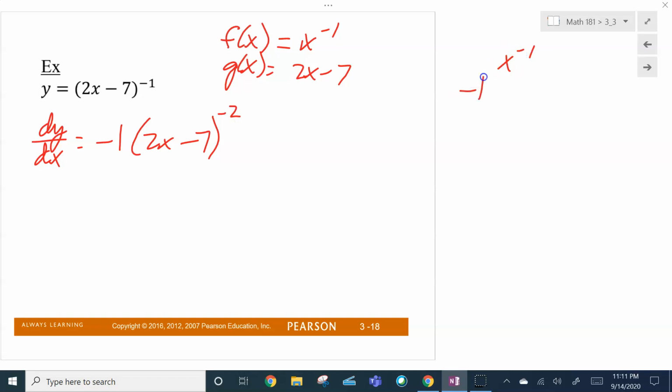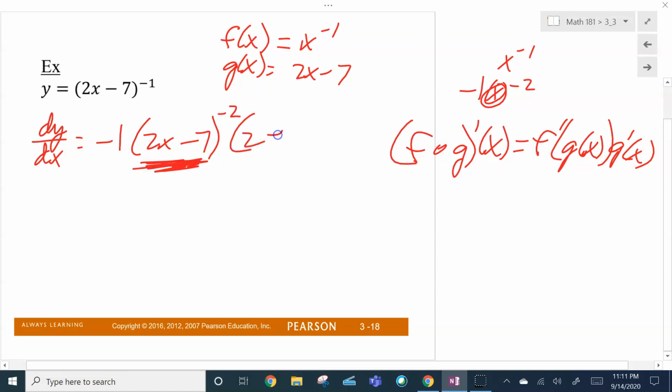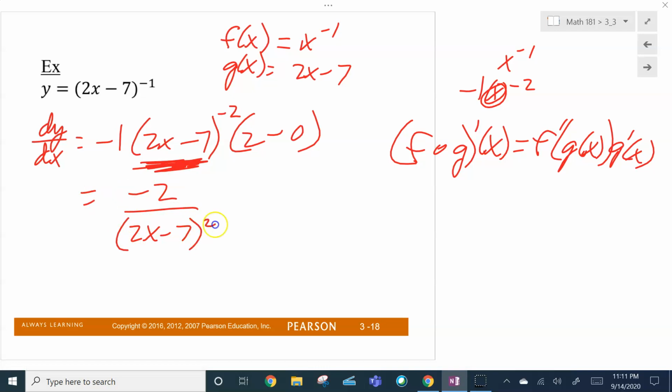It's kind of like we just did, but notice it's not just x there, it's 2x minus 7. Remember, when I take the derivative of f of g of x, it's f prime of g of x times g prime of x. So I have to remember to take the derivative of the inside now. The derivative of 2x is 2, and the derivative of 7 is 0. So this ends up being negative 2 over 2x minus 7 quantity squared. There's our derivative on that one, okay?